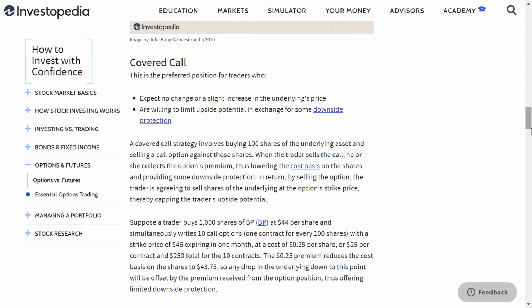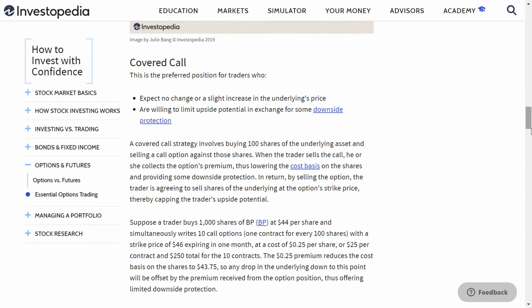You have the covered call: expect no change or a slight increase. So if you're expecting the option to stay relatively the same, maybe on tighter float stocks. Float is kind of hard to explain in a real quick manner, but the tighter the float, basically, the fewer the shares being traded, which in turn creates more restriction. The lower the float, the more volatility can be created to move that option up and down, or that stock in particular, the underlying.